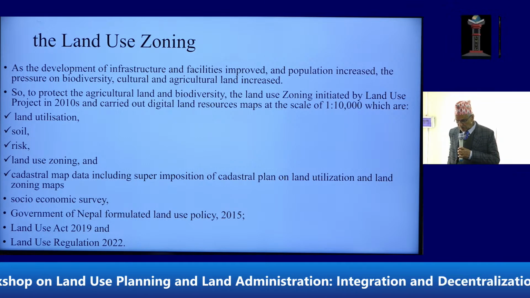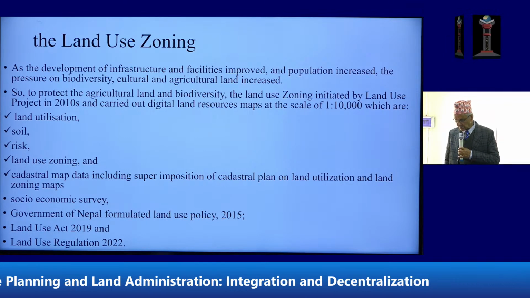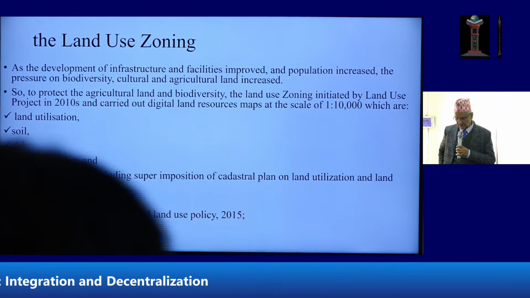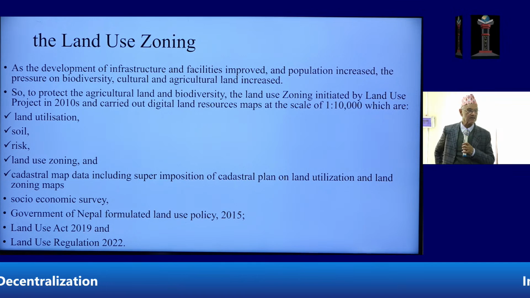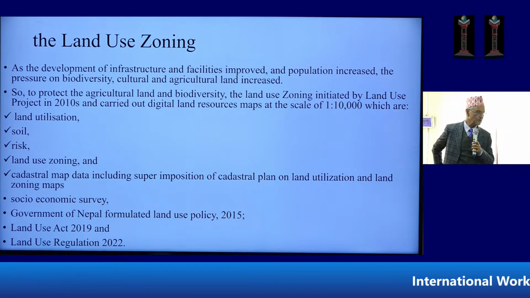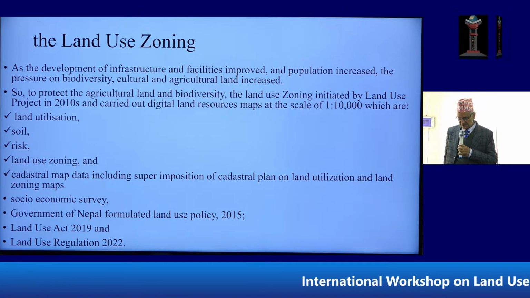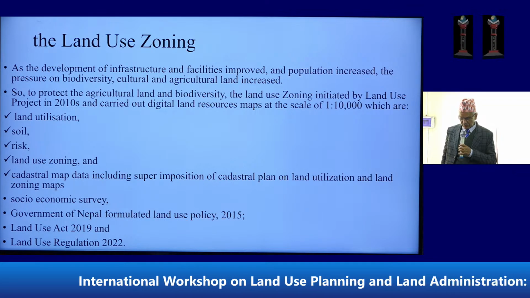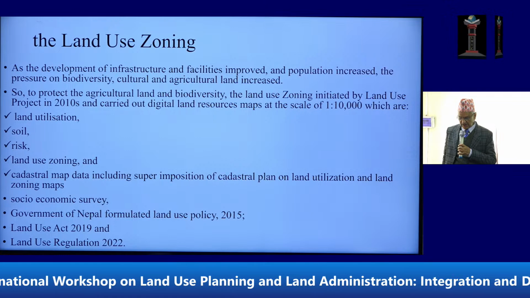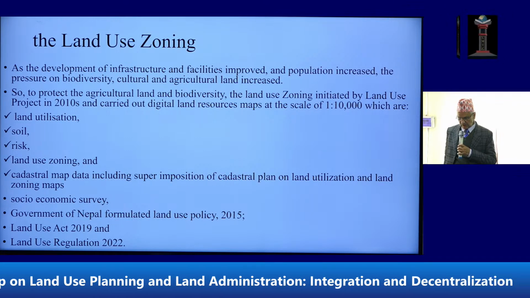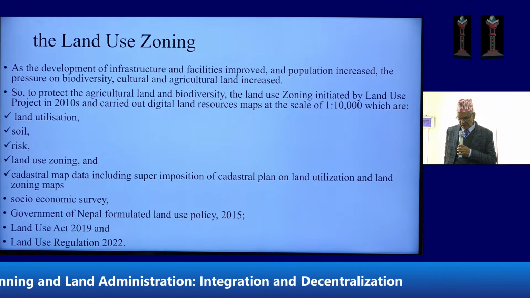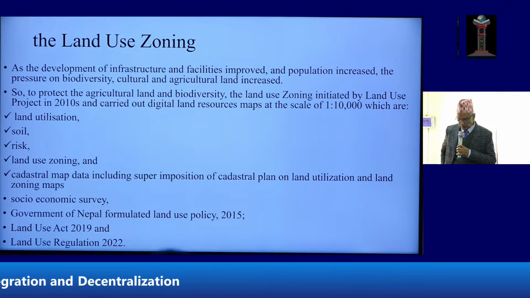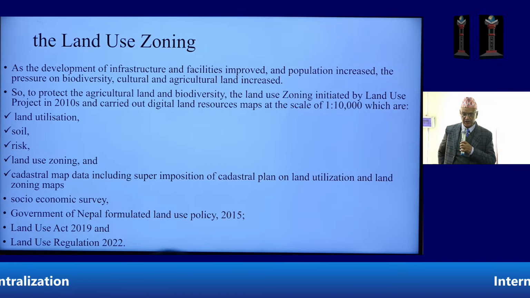For that purpose, the land use project initiated mapping of land utilization at 1 in 10,000 scale. They carried out soil mapping, risk mapping and land use zoning, and cadastral maps were superimposed on the land use zoning map.